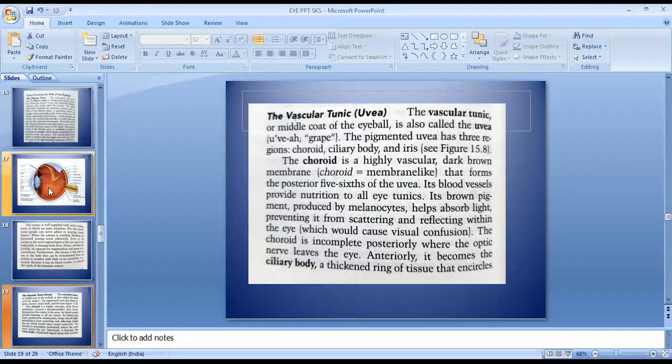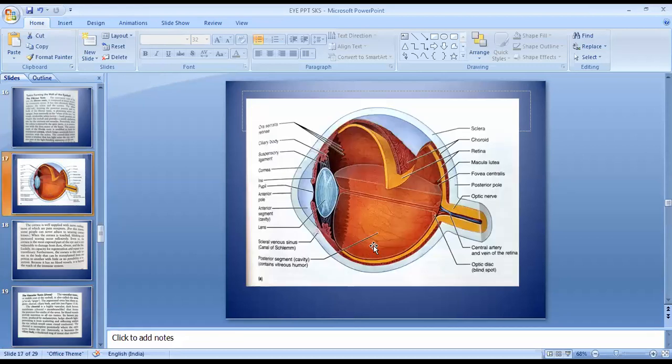Now, if you look into this picture, you can see this brown layer.